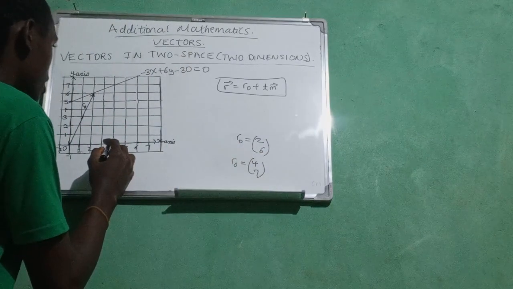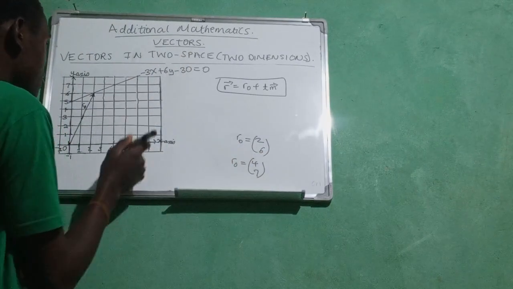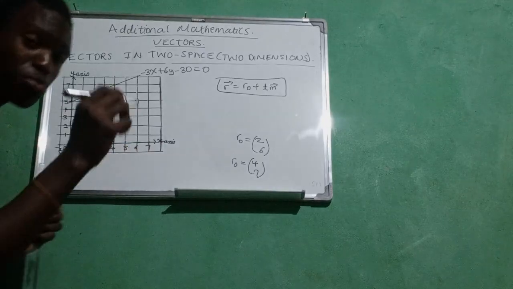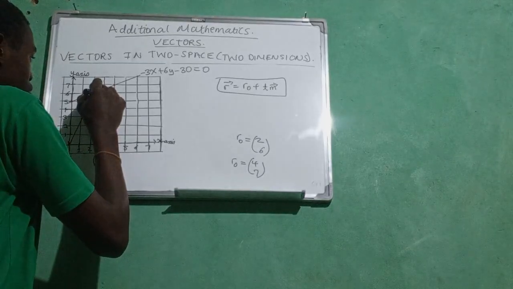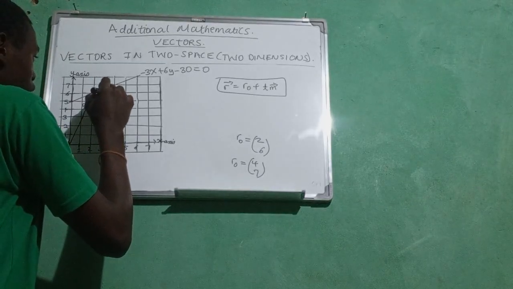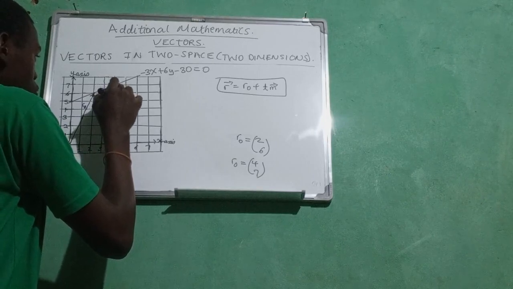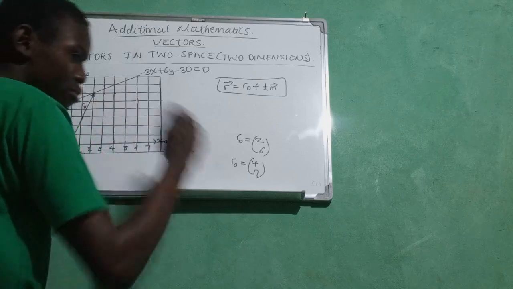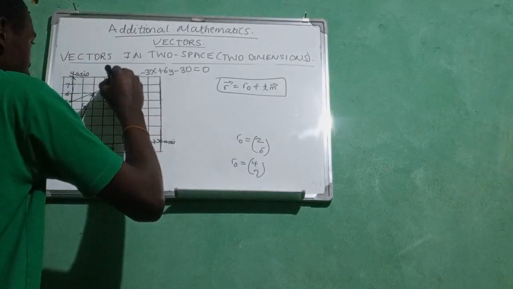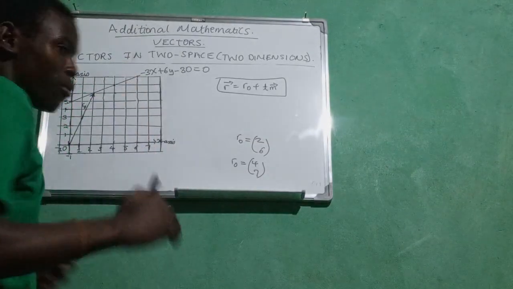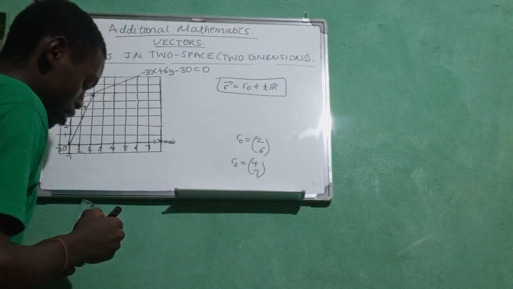Now for us to move from 2, 6 to 4, 7, we are moving 1, 2. This 1, 2 is in the positive direction, and then we're moving 1 up. 1 up is also in the positive direction.